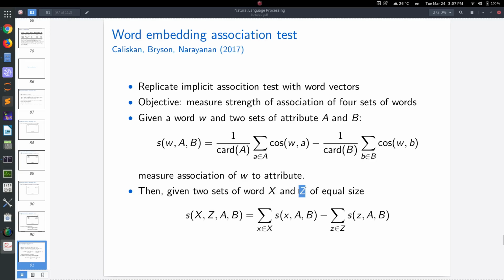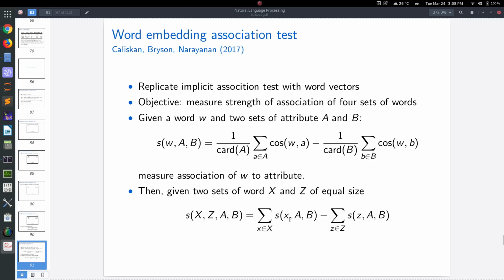So suppose we have two sets of word vectors, and then we have two sets of attributes. If the sets of these words are similar with respect to the attributes, we'll have a value that's 0. But if there is a discrepancy between the two sets, then we have a value that's not 0. So S here is just this association strength.